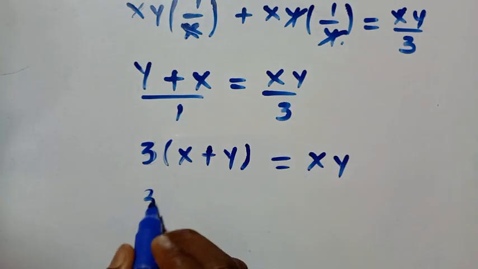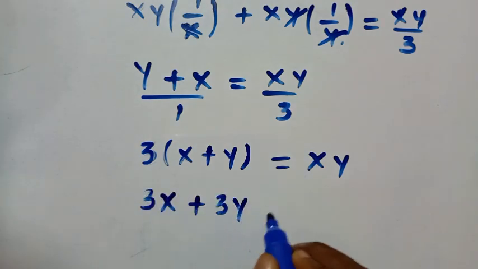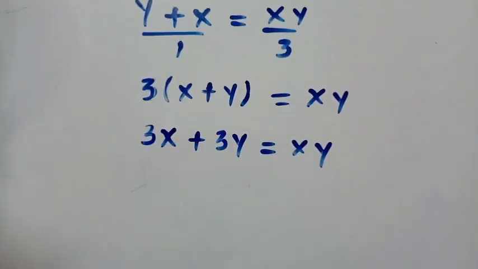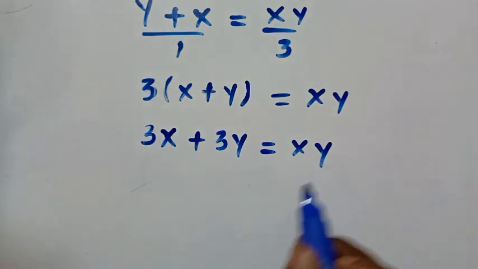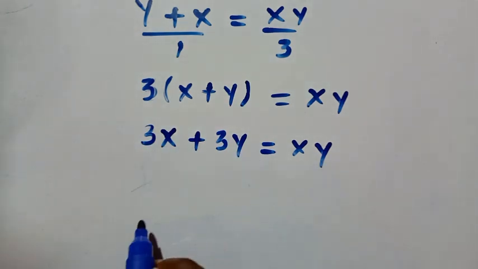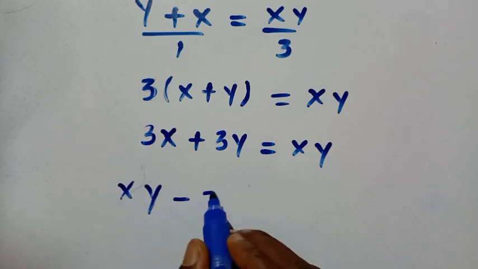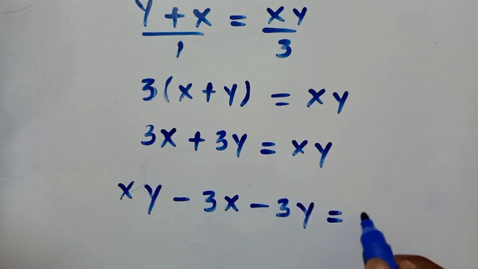We have 3 times x, that is 3x, plus 3y equals xy. Then let's transfer 3x plus 3y to the other side, and here becomes xy minus 3x minus 3y equals 0.